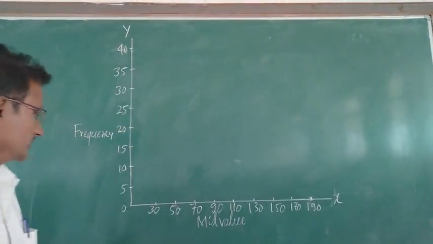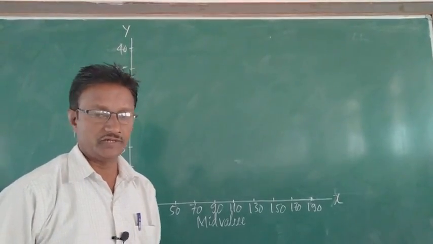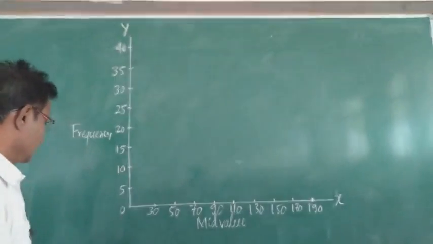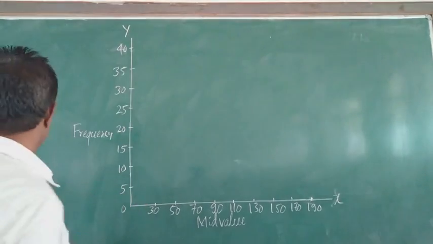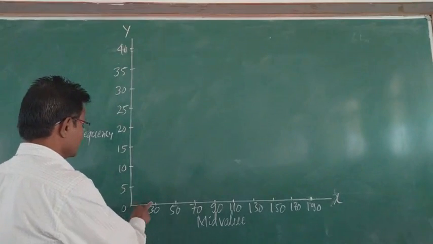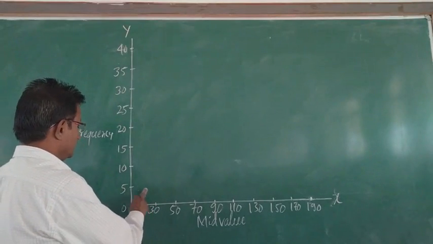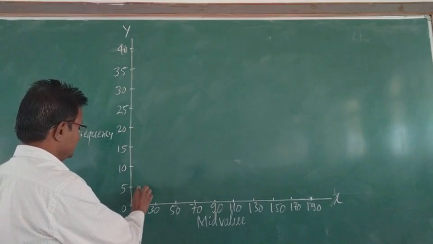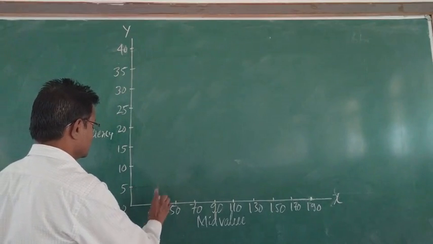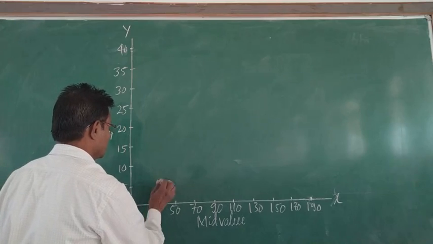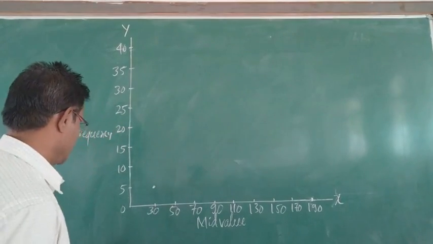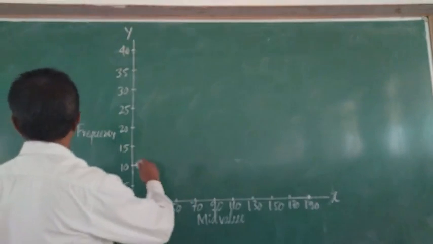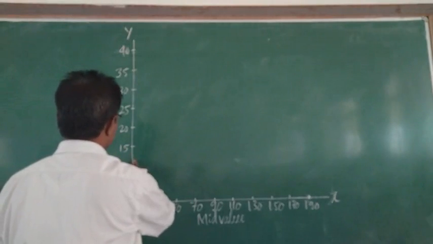Corresponding to mid value and frequency we have to plot a point. The first mid value is 30 and the corresponding frequency is 5. So for 30 mid value the corresponding frequency is 5, and we have to mark or plot a point. Next, 50 is the mid value and the corresponding frequency is 12.